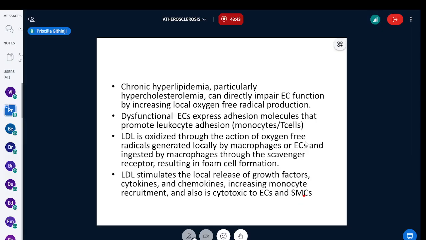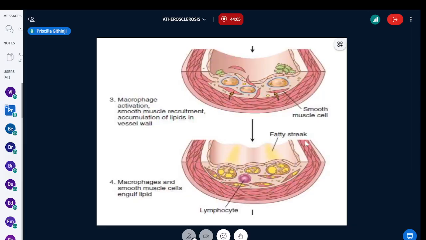So all this leads to activation, more production of cytokines, more production of growth factors, and exacerbated endothelial injury. Then you continue having leakage of these lipids that are in the bloodstream into the tissue, where they continue to be absorbed, and then you end up forming an atheromatous plaque.